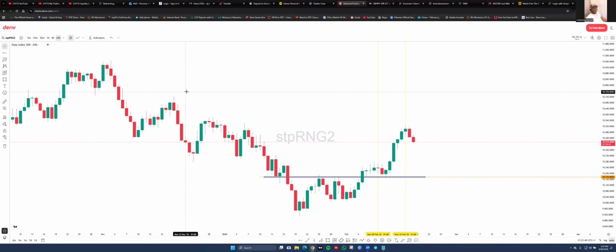Okay, so usually what you do is you first of all go to the daily time frame. You analyze it by marking out your areas of resistance and support, or supply and demand. Now I already marked this one, so I had to clear my chart, but I marked this one.